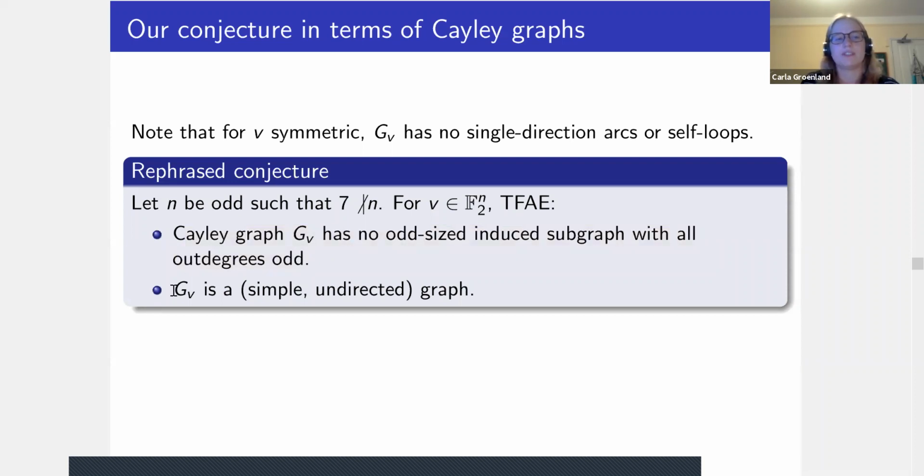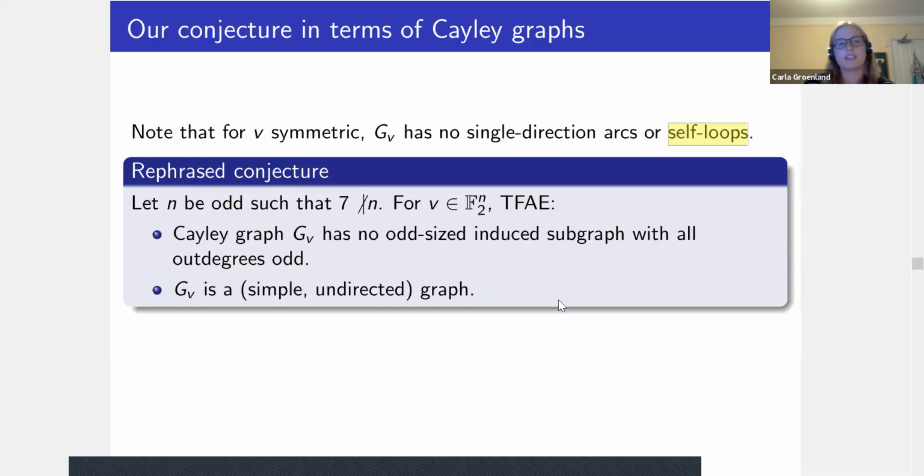And the second property was that v is symmetric. For v symmetric, the first property was that v0 is 0, and that exactly gives you no self-loops. And the second property was vi is equal to v minus i, and that exactly tells us that there are no single direction arcs. So either there's an arc from one side and from the other, or there are no arcs at all. And that's also known as just a graph, a simple undirected graph.